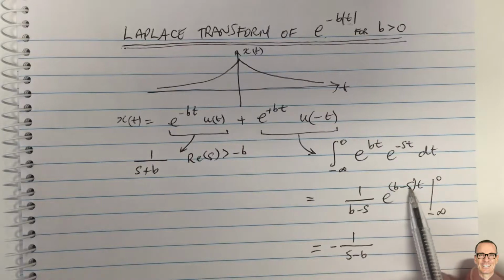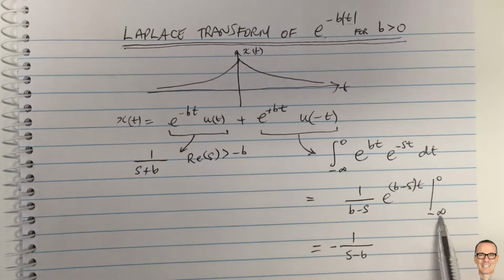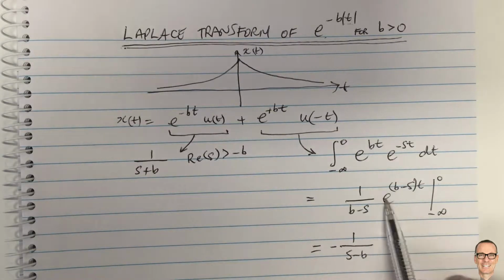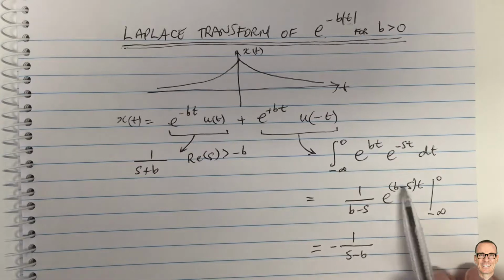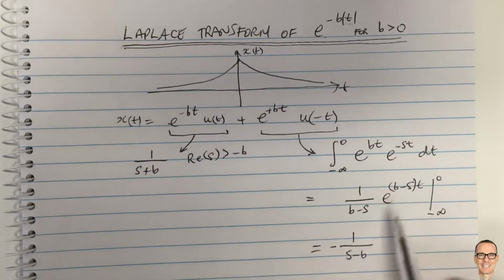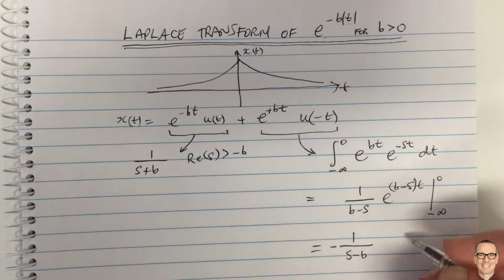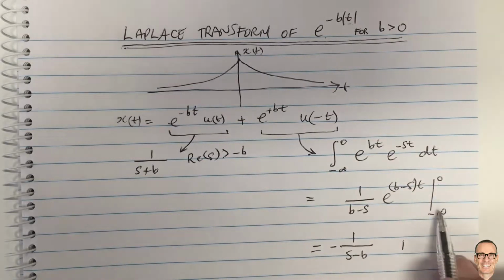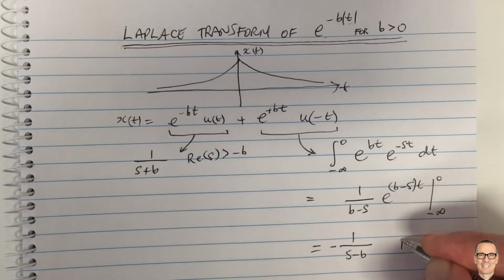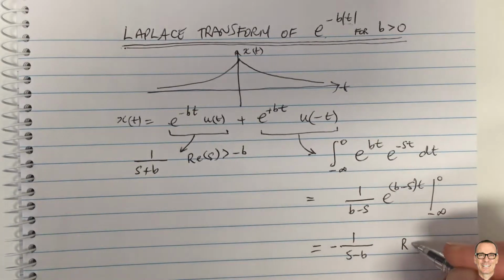So you want this term here to be positive because it's going to be multiplied by negative infinity, and that will be overall negative infinity, and the exponential of negative infinity is 0. So this other limit only holds for the real part of s less than b.